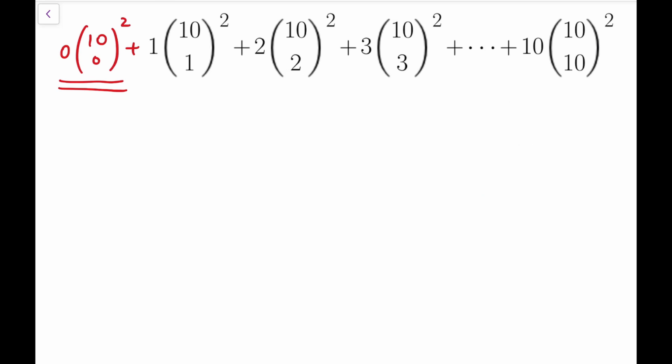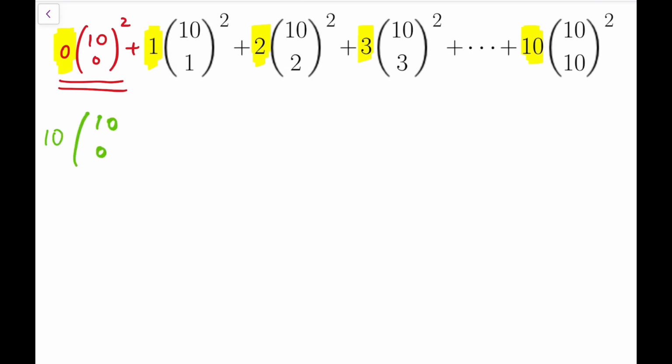And here comes the second trick. I'm going to reverse the so-called coefficients of the binomial coefficients, which I'm referring to these numbers, highlighted in yellow. Since they follow the pattern 0, 1, 2, 3, all the way up to 10, I'm going to add an extra sum, which is reversing the coefficients.